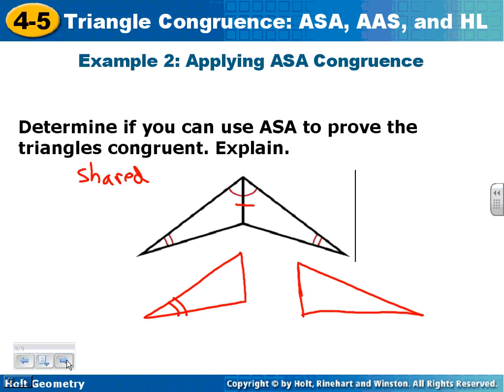Here's two arc marks, and there's two arc marks, and then this angle and that angle. Then I'm going to use black to mark that side and that side, which is my shared side. So can I use angle, side, angle? In other words, is that side that I have marked with a black tick mark between the two angles? My answer is no.